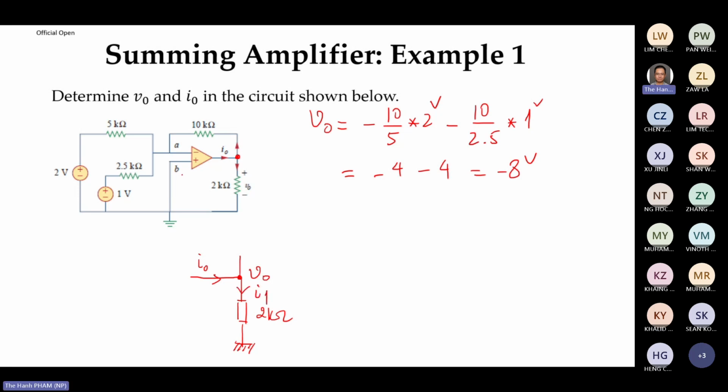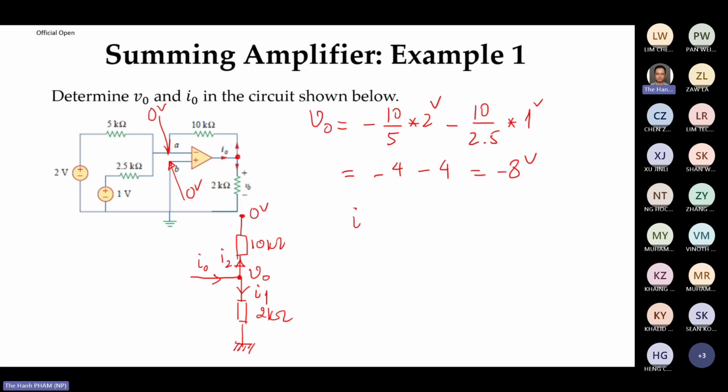And if you look here, you will see the voltage at this point is 0 volt. And because of the characteristics of the op-amp, the voltage at this point is also 0 volt. So from Vout, I go to 10K, I also go to 0 volt, right? And I call this point, for example, I2.